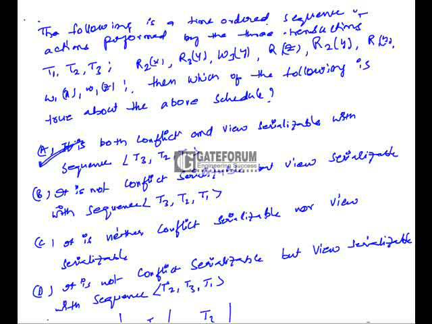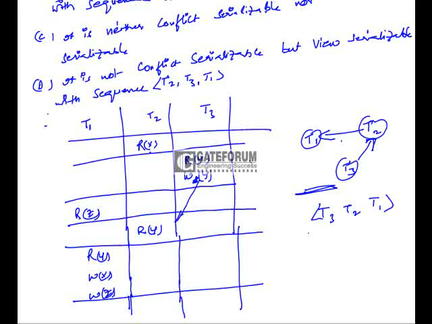If it is view serializable, then the first read operation on all the data items should not change in the equivalent serial schedule. So here you can see that the first read action on data item Y is performed by transaction 3, and in the equivalent serial schedule the same thing is happening.